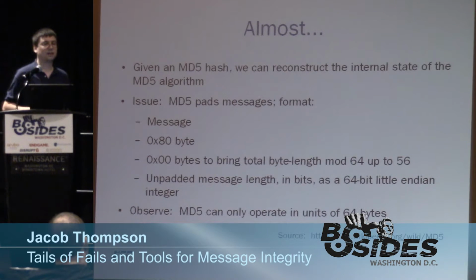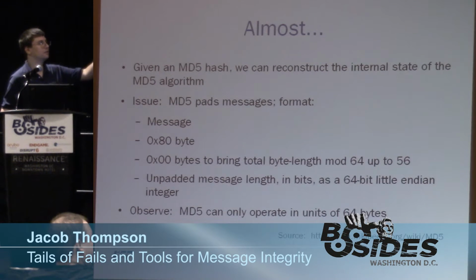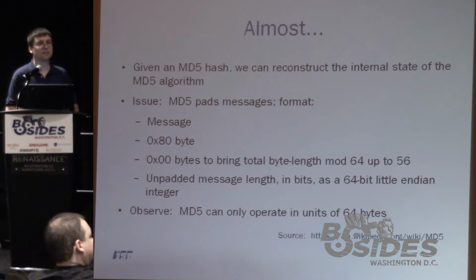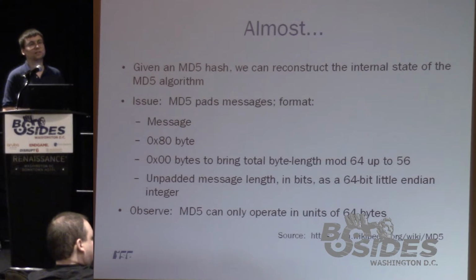Before it hashes it, it concatenates a 1 bit, or a 0x80 byte, fills it in with 0 bytes to meet a boundary on the block size, and then adds to that the length of the message in bits as a 64-bit little endian integer. So the length part is important, otherwise you would have the padding added and different strings could end up with the same post-padding representation.